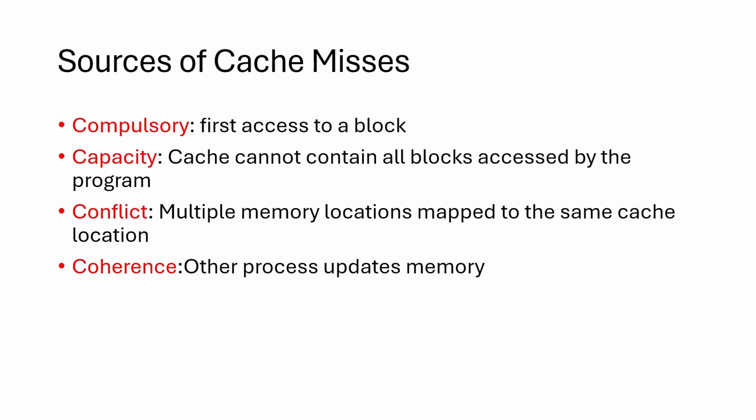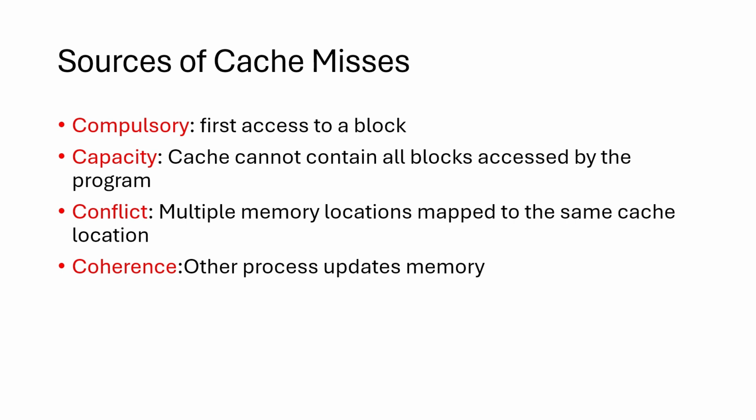So if we don't have enough space, we will cause some misses. The solution is to increase the cache size, but sometimes that is not a good idea because we have to consider other factors like the fetch time.